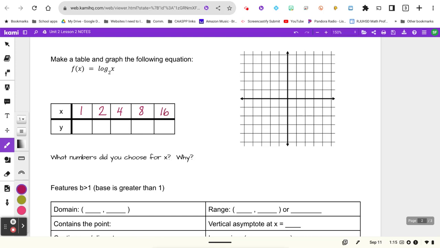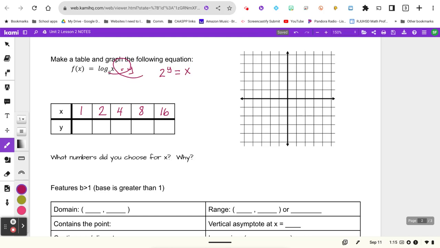Let me explain how I got those numbers. I always like having the y over here because then you get to change it around. 2 to the y equals x.